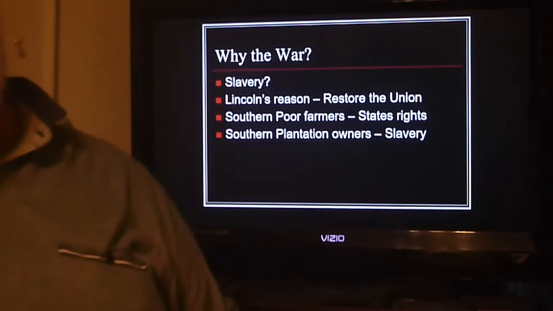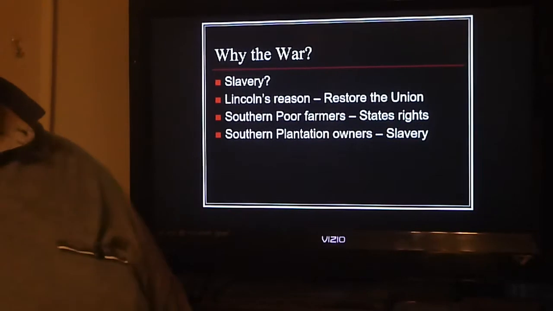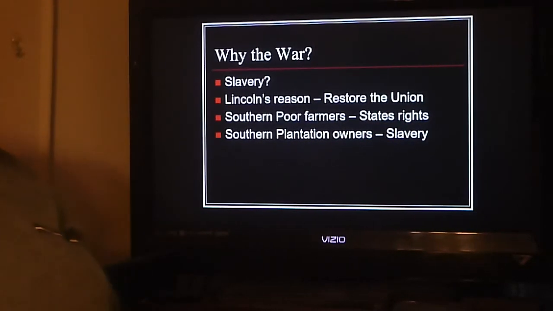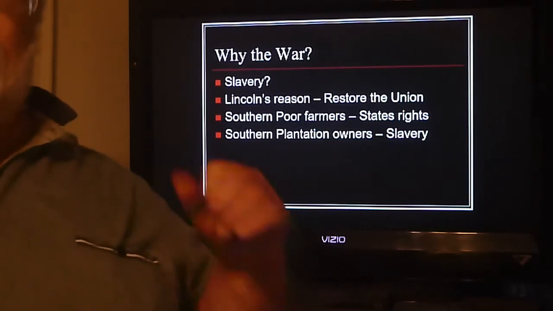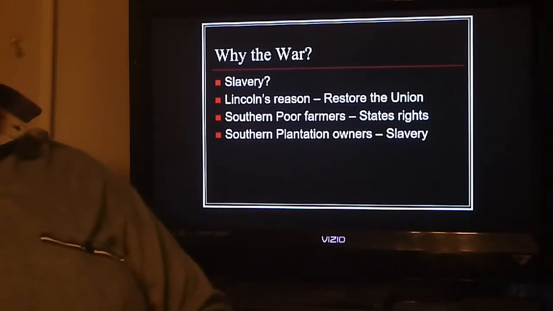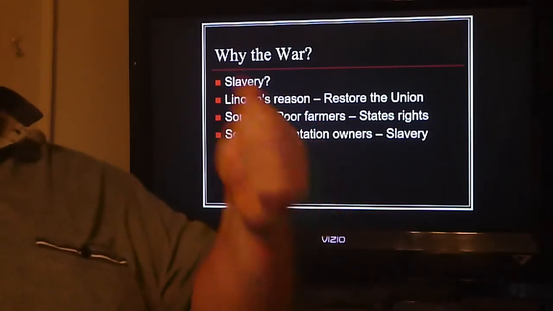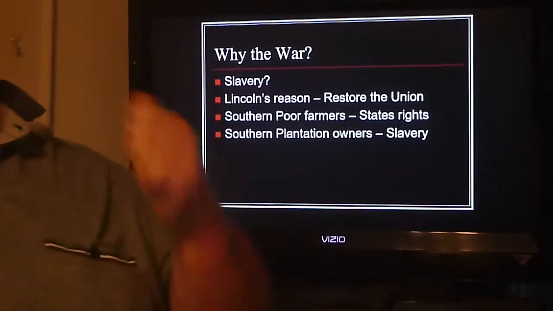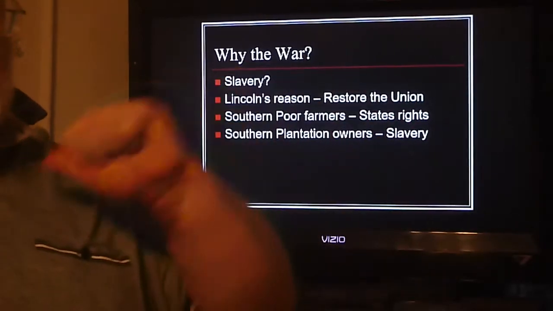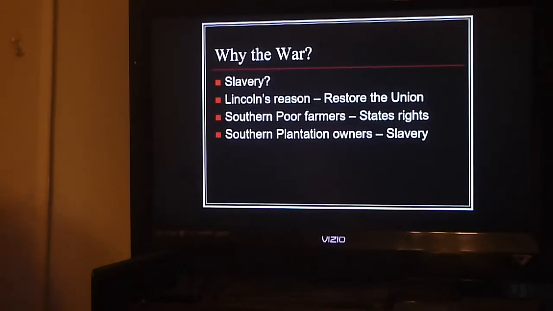The Southern plantation owners, they're fighting over slavery. For them, this is the key issue. For these Southern planters, slavery is the issue. When Abraham Lincoln was elected president, the thing that triggered secession for them was the fact that Lincoln was an outspoken abolitionist. And once he's elected president, they're ready to pull out.